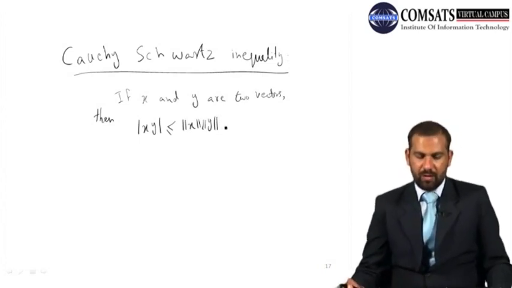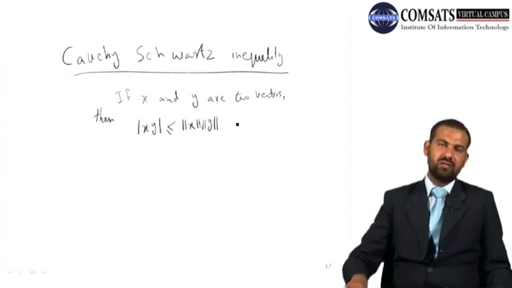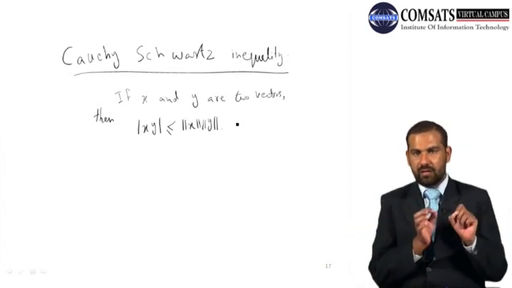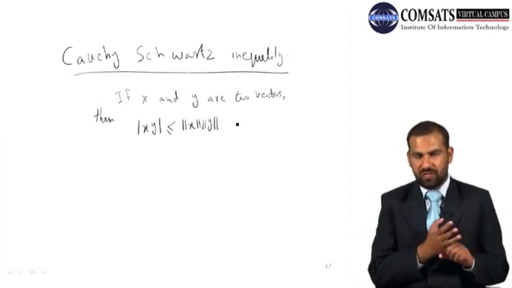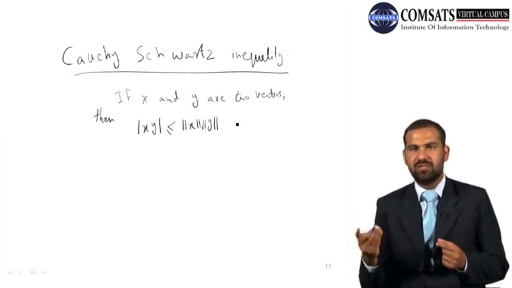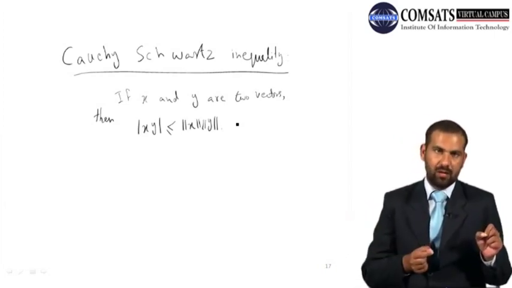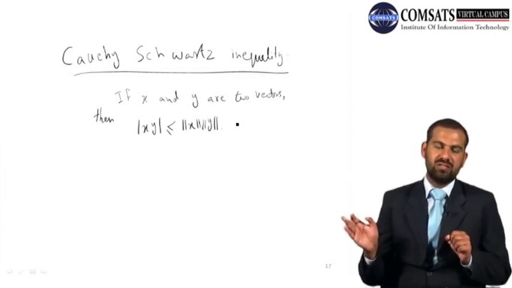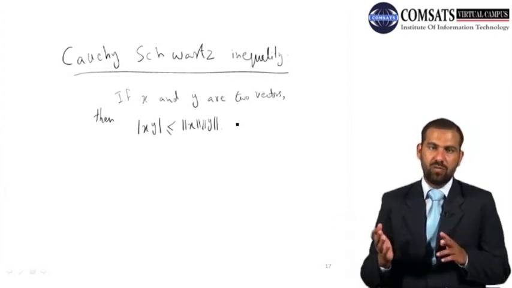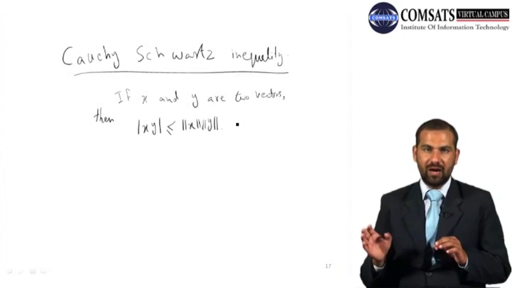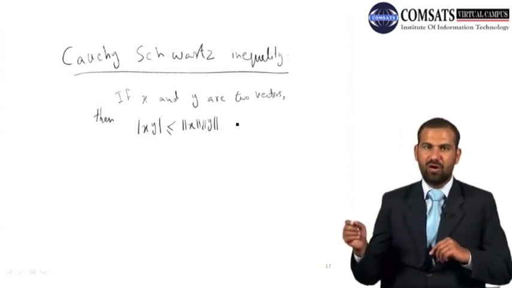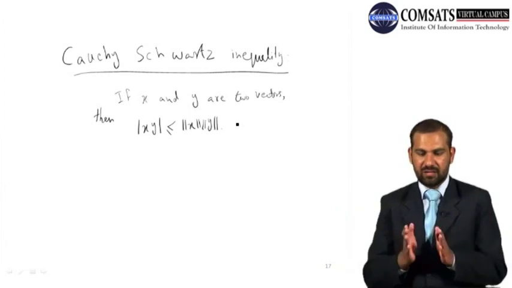It's a very important property. Look there, if we have two vectors, how can we multiply them? Whenever we multiply two vectors, the first component of the first vector multiplies with the first component of the second vector, the second component with the second component, and so on. Similarly, if you are in Rn, the nth component of the first vector multiplies with the nth component of the second vector, and then we add them.